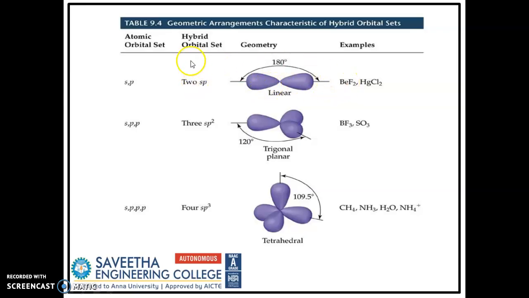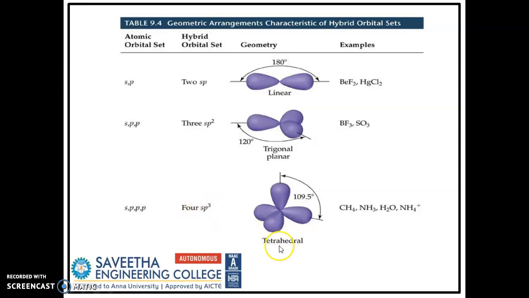As I already told, if the valence shell electron pair is 2, then the geometry is linear and the bond angle is 180 degrees. And if it is 3, it is sp2 hybridization. The geometry is trigonal planar and the bond angle is 120 degrees. And if it is 4, it is sp3 hybridization.